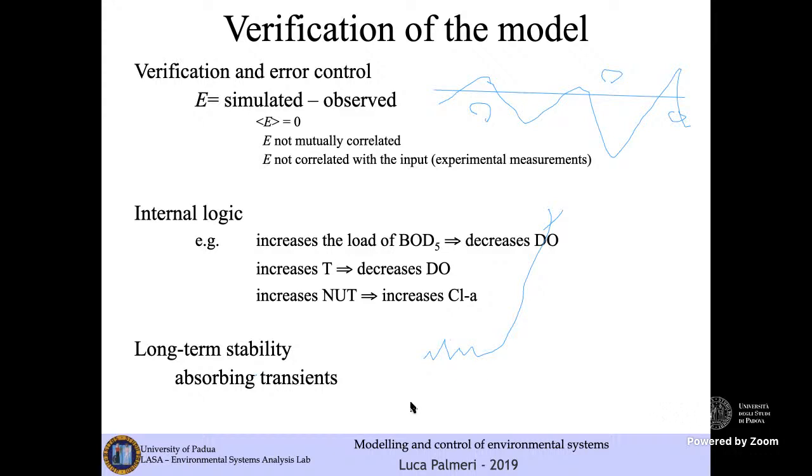Instead, I am happier if the state variable oscillates, but around a transient value, and tends to go back to a stable performance of the model.